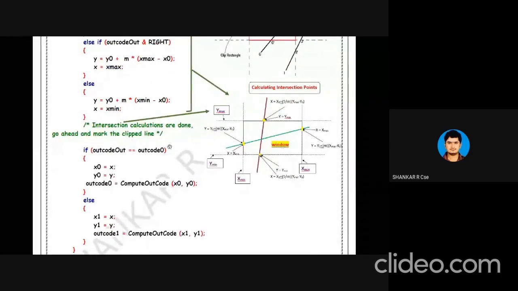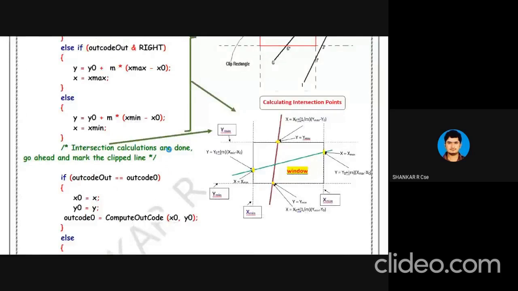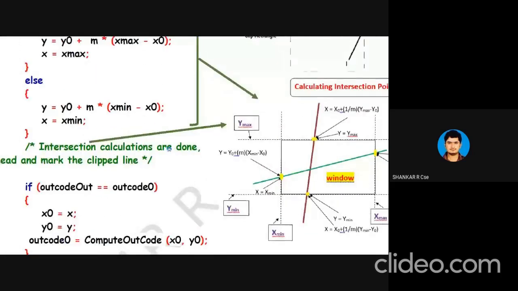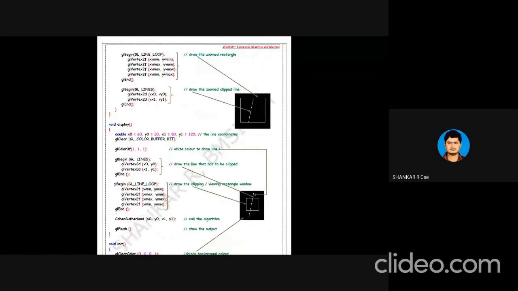The same things will now come into your program. You can see all these equations are nothing but calculating intersection points. So this is how my program looks like, and we'll see all these now.